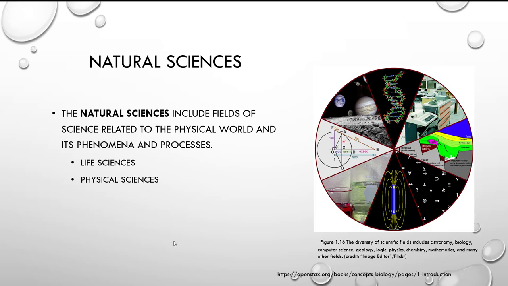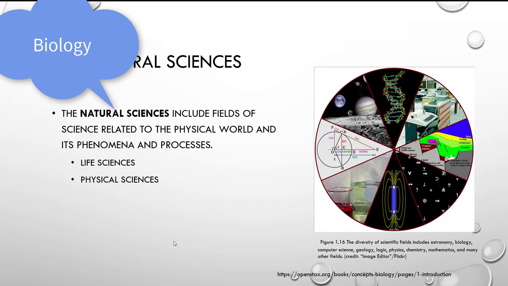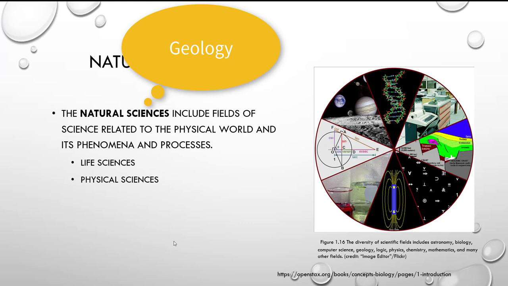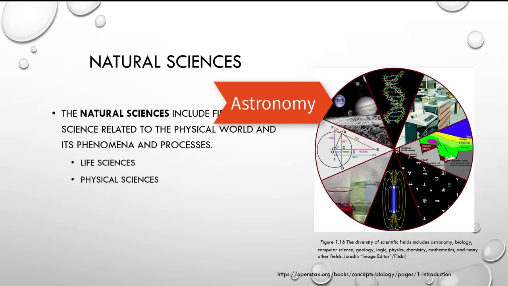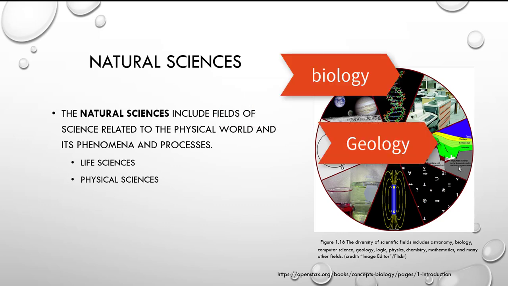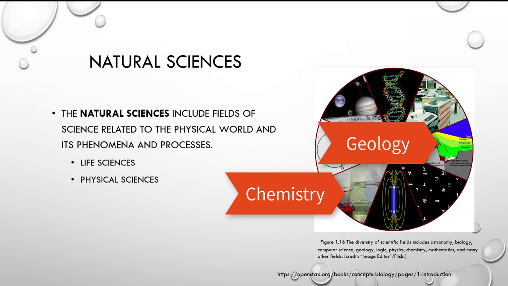They deal with things like biology. You can also think of geology as a natural science. Anything dealing with the physical world and its phenomena is considered a natural science. Things like astronomy, biology, geology, chemistry.